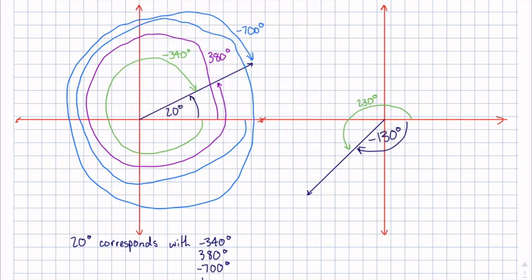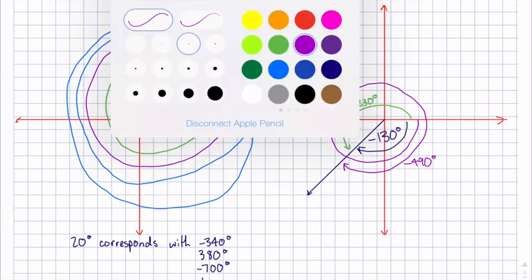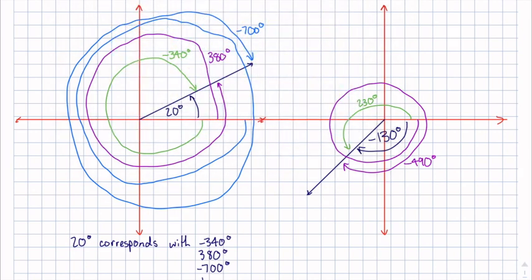Or I could have gone this way, but not stopped. So negative 130, take another 360, negative 490. Or I could have gone the correct way, but not stopped.